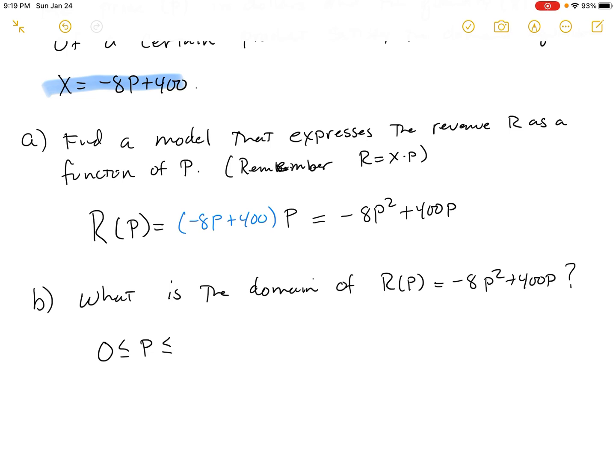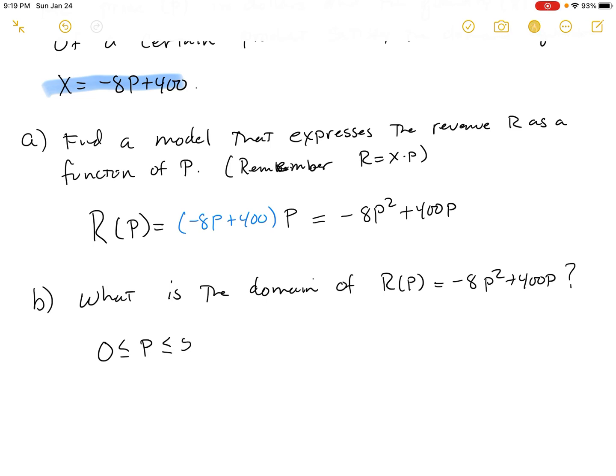You definitely don't want to charge more than a particular price, otherwise you're going to have negative revenue, right? So the question is, what is going to make this negative 8p squared plus 400p equal to 0? And you'll quickly figure out what that is.